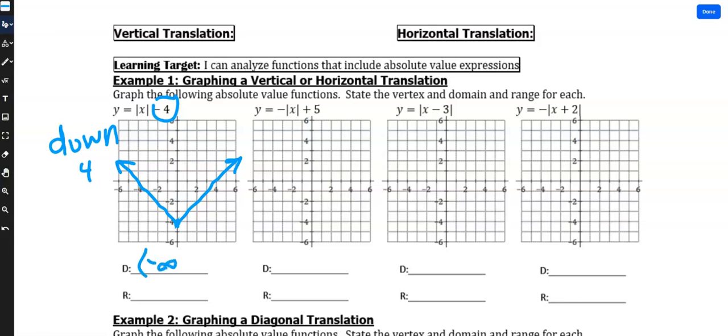Domain still negative infinity to infinity. Range would be negative 4 to infinity.